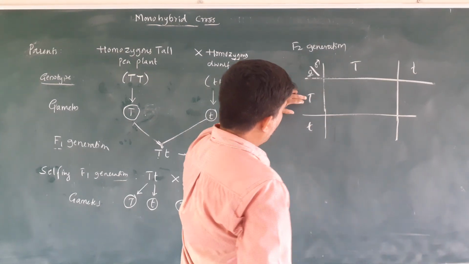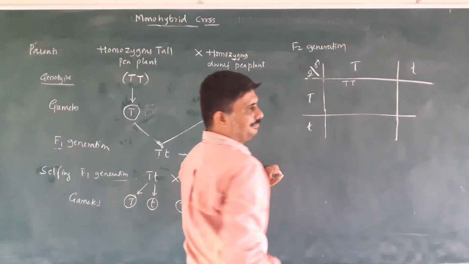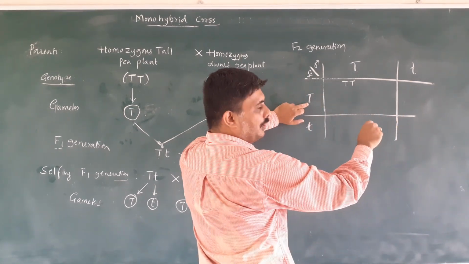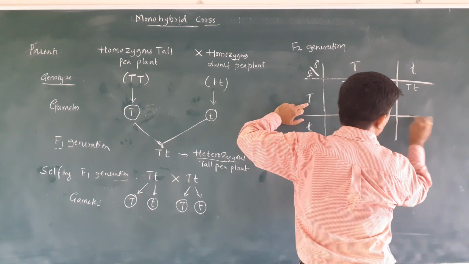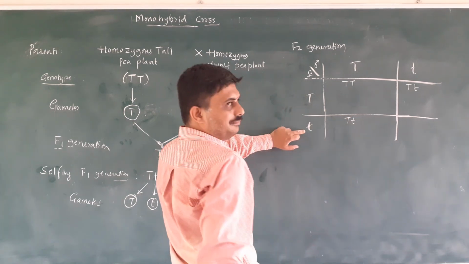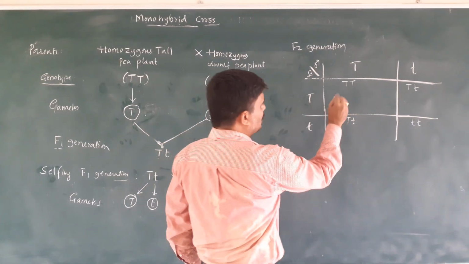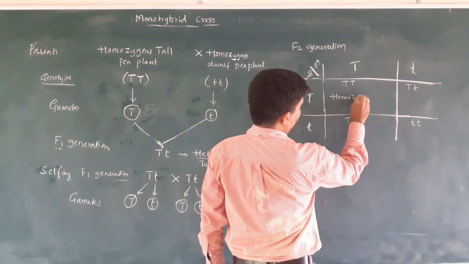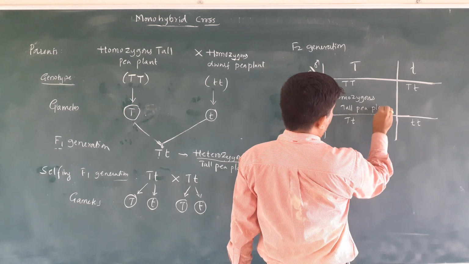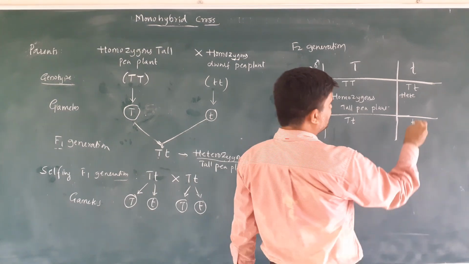See, capital T crossed with capital T gives rise to capital T, capital T. When a capital T gamete fuses with small t, it gives rise to capital T and small t. Here, small t and capital T and small t. Small t and small t. So this is a homozygous tall pea plant. This is a heterozygous tall pea plant, because it produces two different types of gametes.